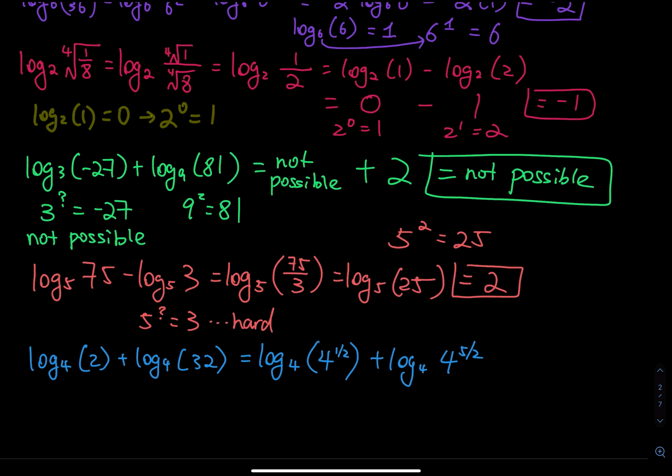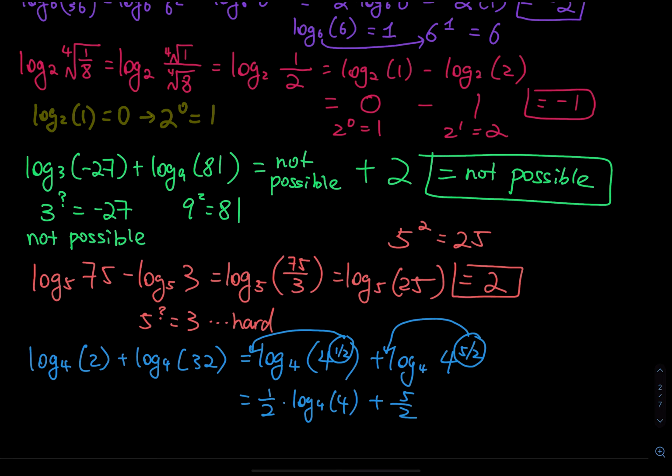And then this one, we have an exponent, so it is okay to bring this down, and also it is okay to bring this down. So we have log base 4. Oh, actually, you know what? I forgot the fraction. 1/2 times log base 4 of 4, and then plus 5 over 2 times log base 4 of 4.